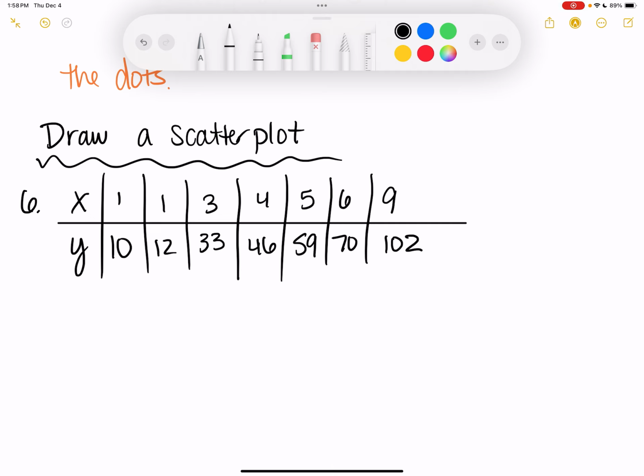It's random numbers. This is why we're not graphing it, because the numbers are so big. Yeah, bro. 1,000. Good job, bro.